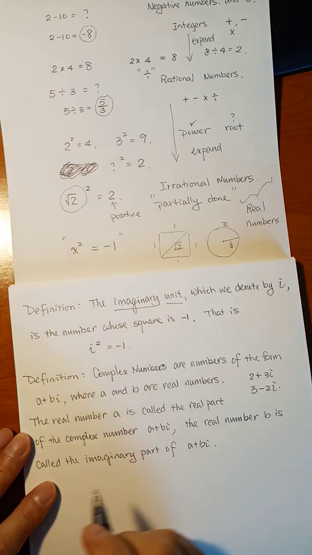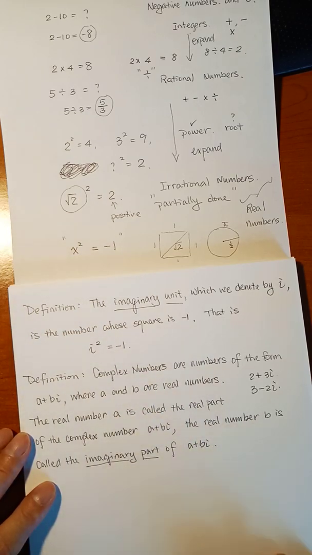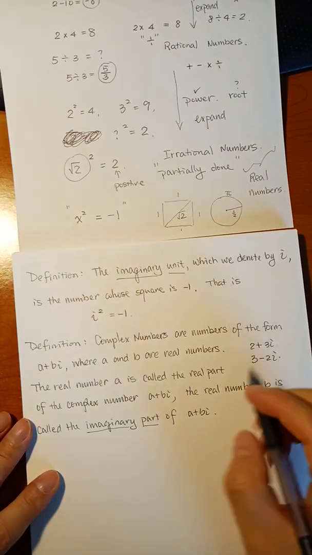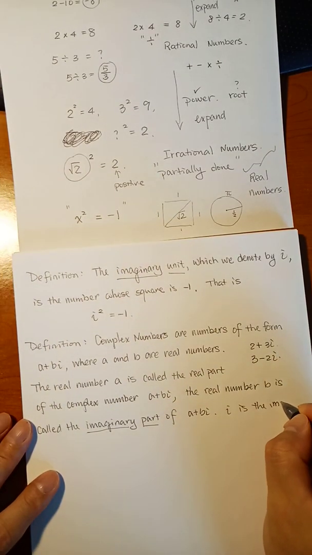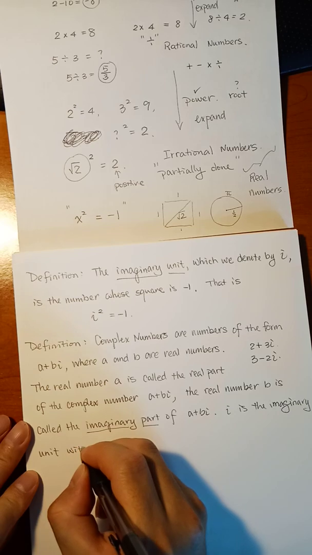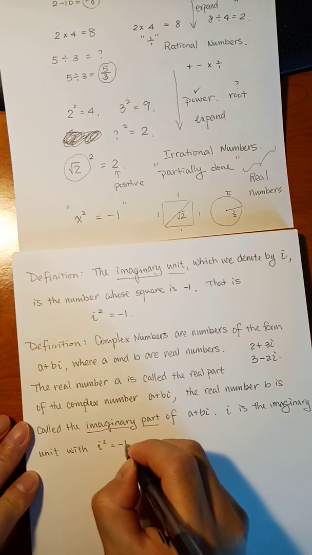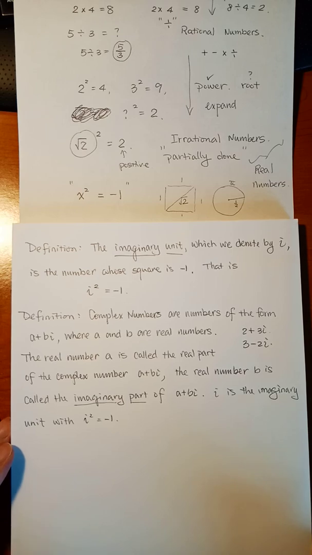It is a unit. b is the imaginary part. Okay? i is the imaginary unit, with i squared equal to -1.